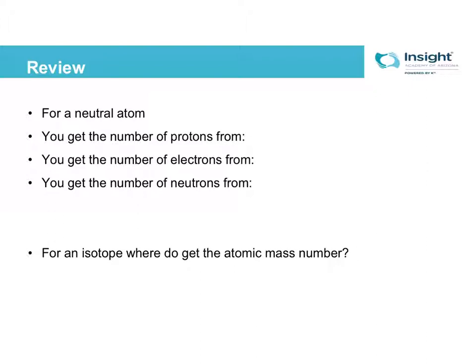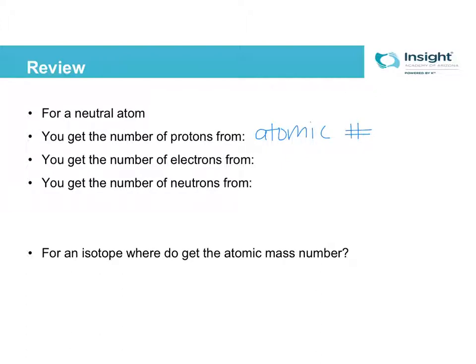But if we're just dealing with a plain old neutral atom, just the standard version that shows up on the periodic table, how do you figure out how many protons you have? That is going to come from your atomic number. That is one thing that is always, always, always true. Atomic number is your number of protons. That never changes.